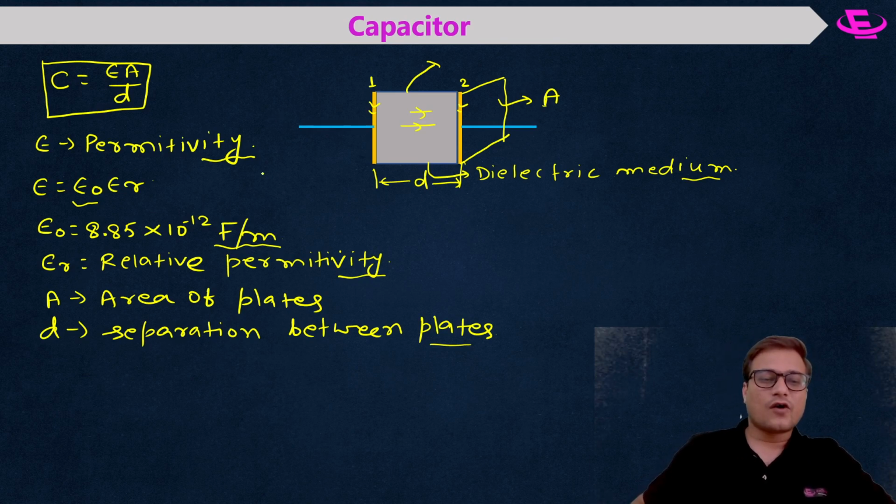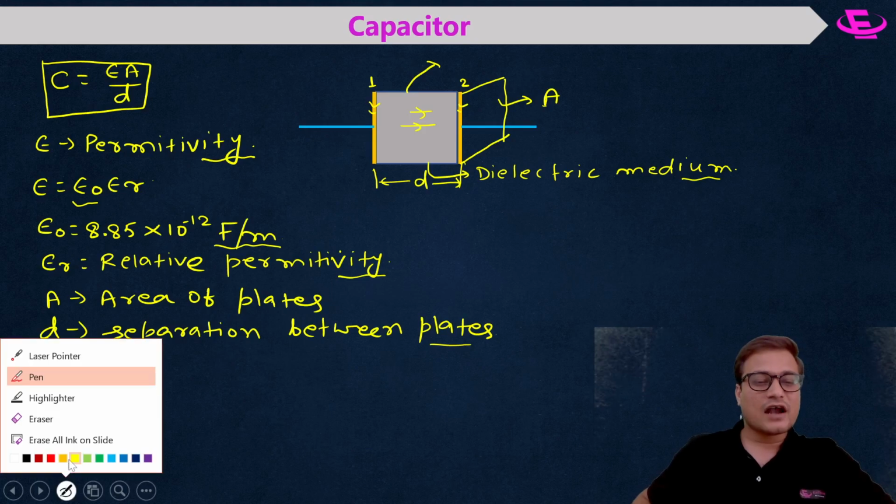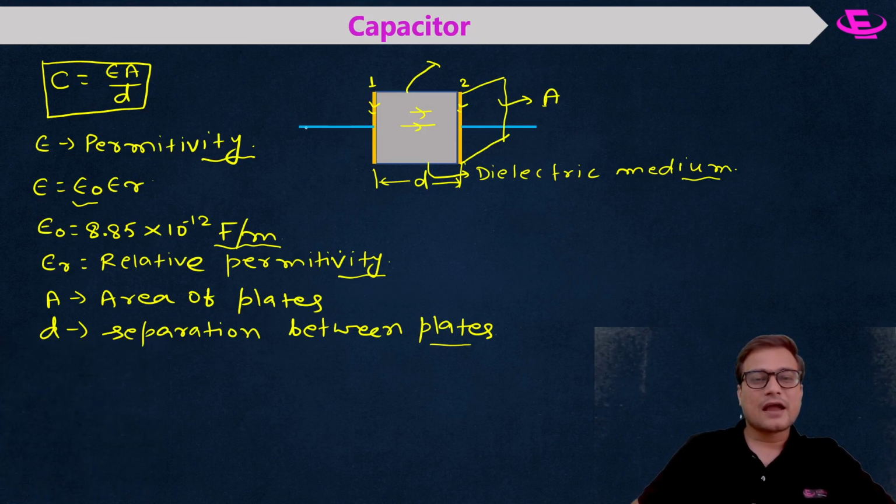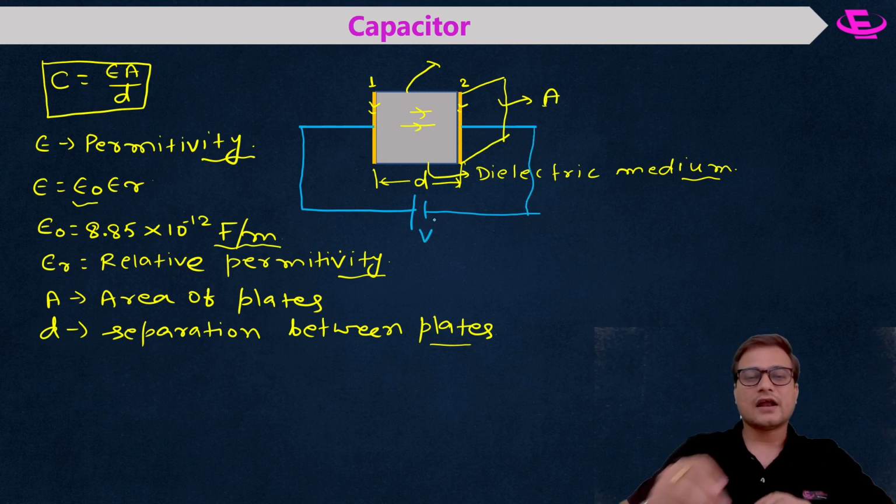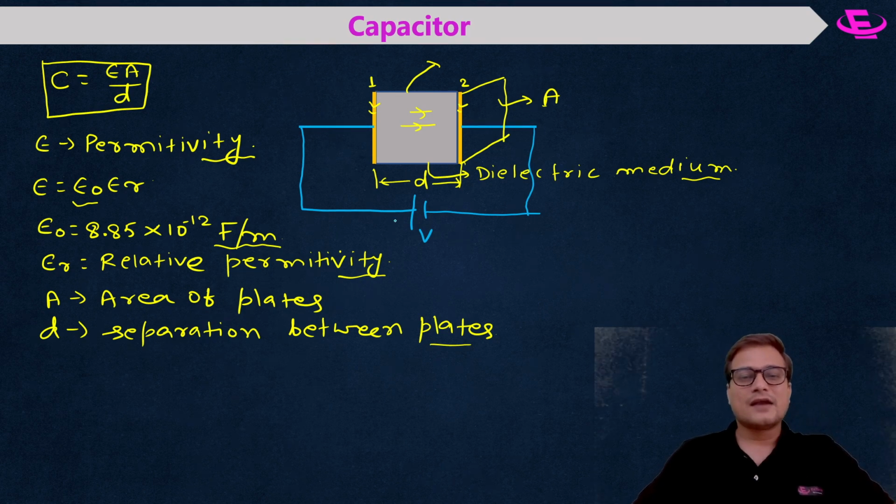To understand the capacitor, what will you have to do? You will have to connect a battery across the capacitor. So let's connect a battery of potential V volt across the capacitor. This is a DC battery. Its potential is V. The moment you connect the battery, this is the positive terminal and this is the negative terminal of the battery.